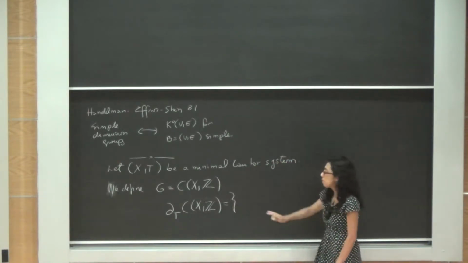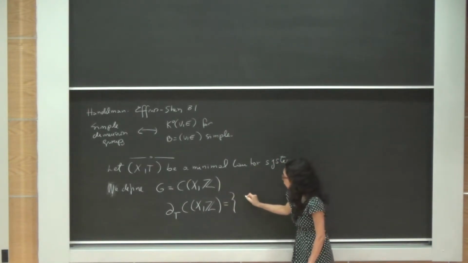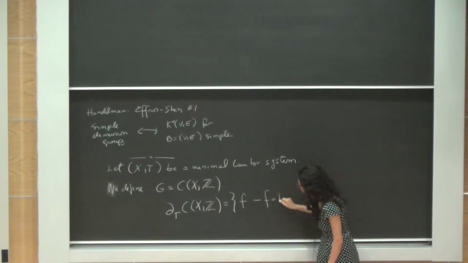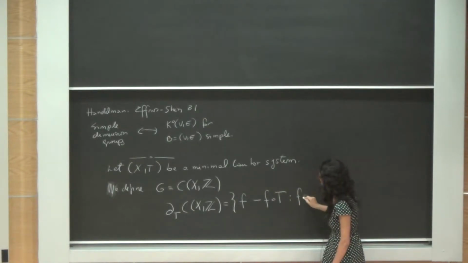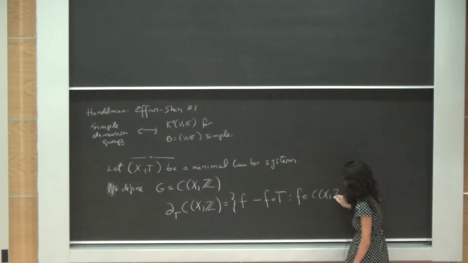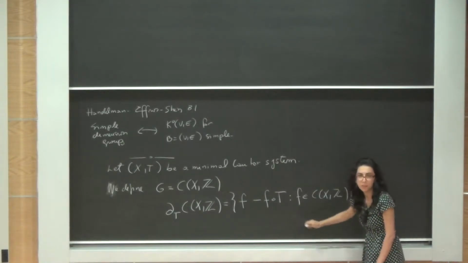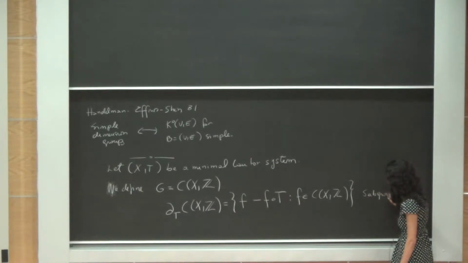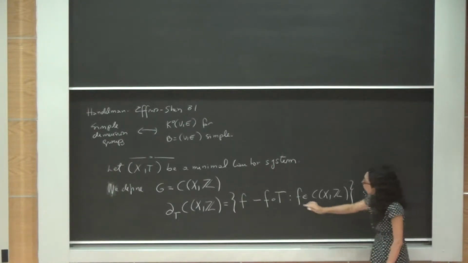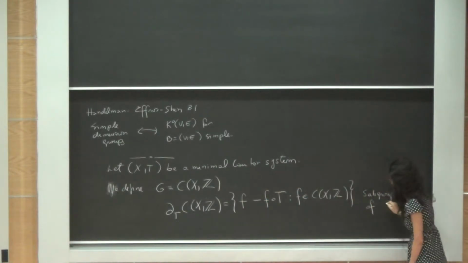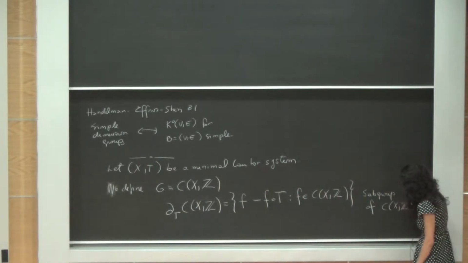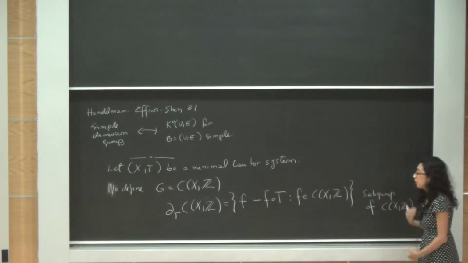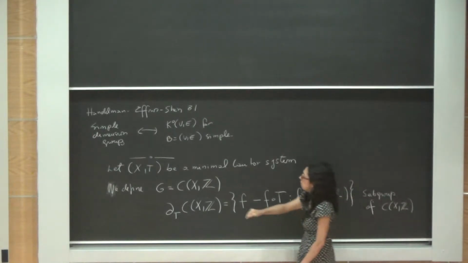And this will be the subset of all the functions here that can be written like this. These are called the coboundary functions. And this is a subgroup of this bigger group. And this subgroup depends on the dynamics, depends on T. And we are going to take, okay, this is not G, sorry.